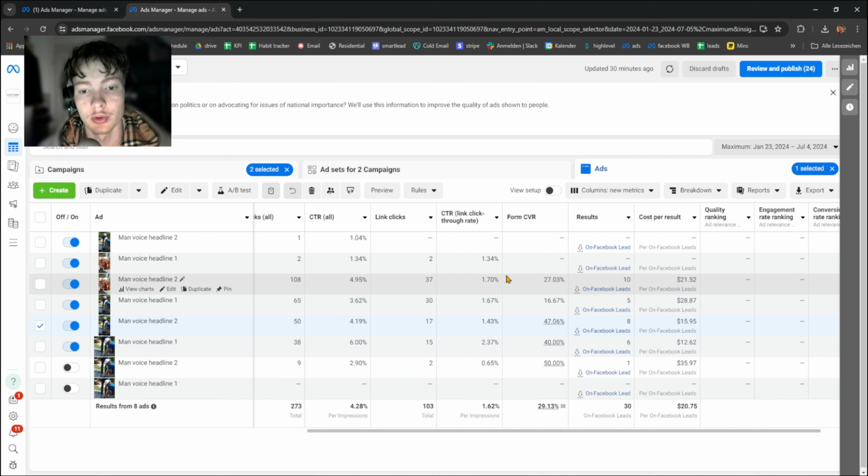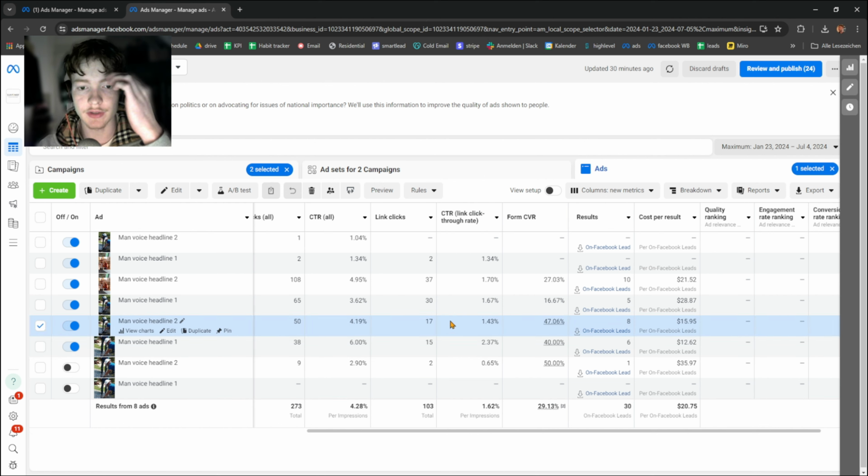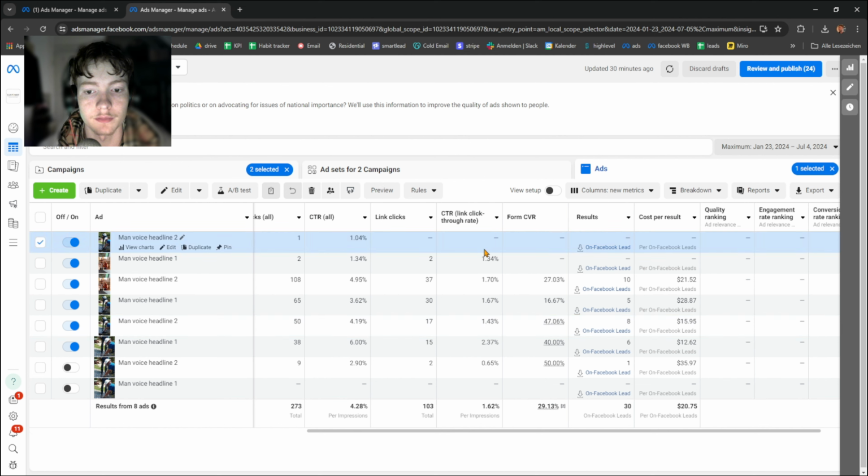And if you're already doing this and you still don't get enough link clicks, then it's probably a problem with your offering and how the target audience you're targeting resonates with your offer or your ad. Because if they read through the ad and engage with it, but they are not interested in what you have to offer and it's just not for them, then they will not click the call to action button.